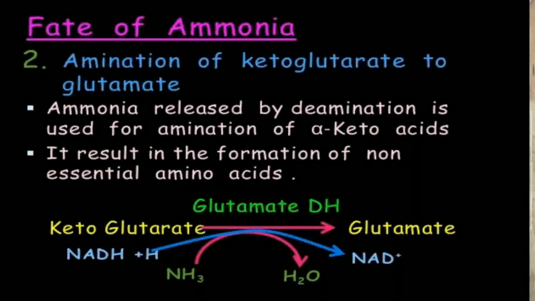Now, what happens to the ammonia? Because it is toxic, its fate proceeds in two ways. The first is the reductive amination. What happens in reductive amination? In this process, ammonia reacts with alpha ketoglutaric acid and forms glutamic acid as indicated here in this equation.